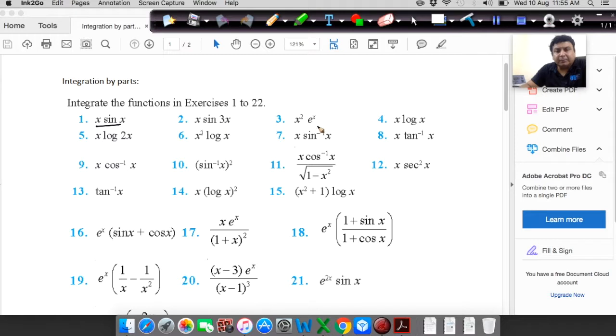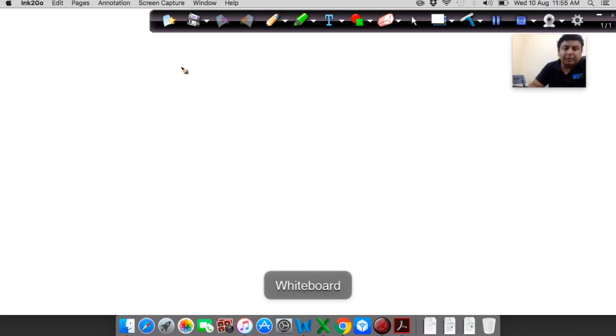Then the same, you can also try directly, like x log x. Because L comes, logarithmic function will be taken as first and algebraic will be taken as second. Okay, this reminds me of a few questions where a function comes alone, like maybe you get a question of only log x.